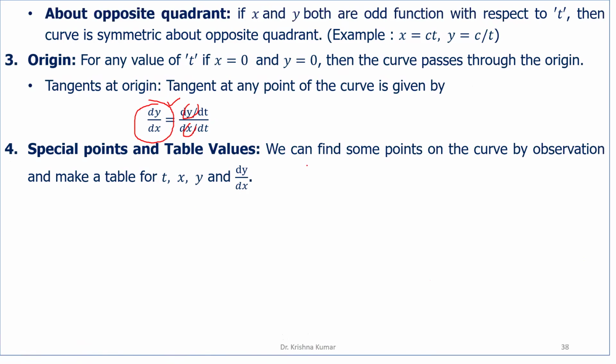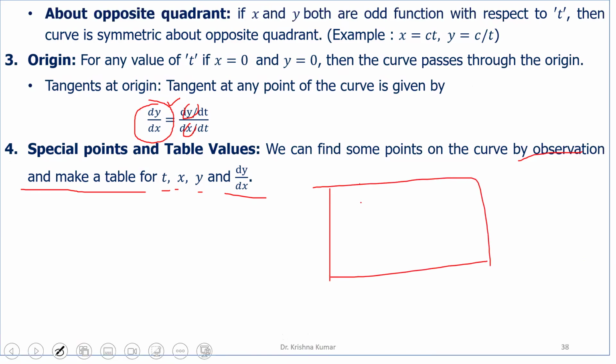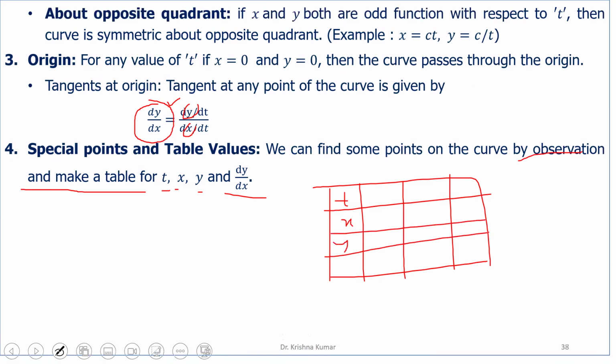We can find some points on the curve by observation and make a table for t, x, y, and dy/dx. So suppose we have the values of t, x, y, and dy/dx.